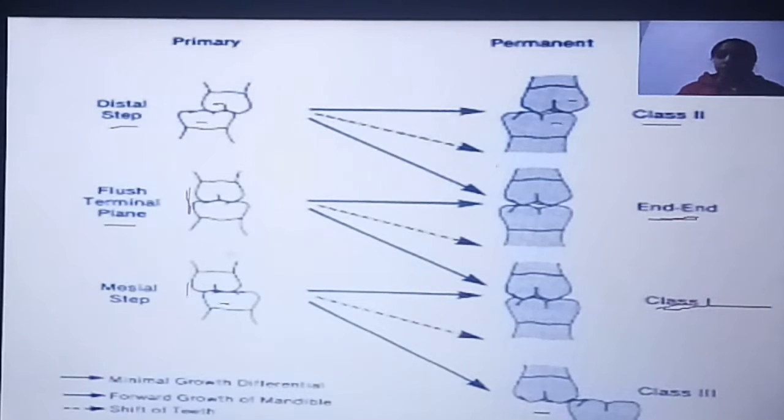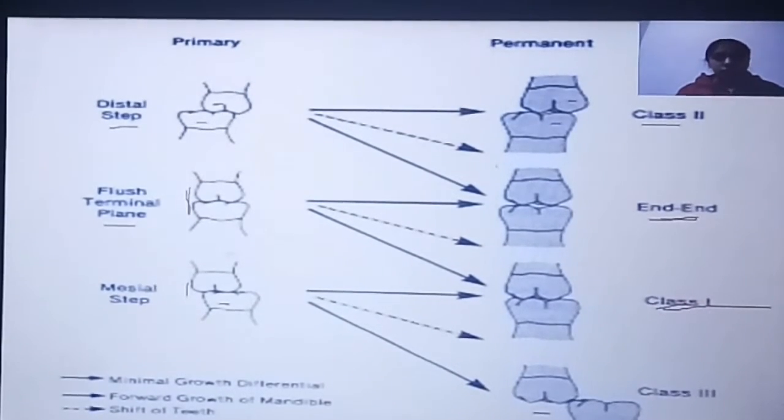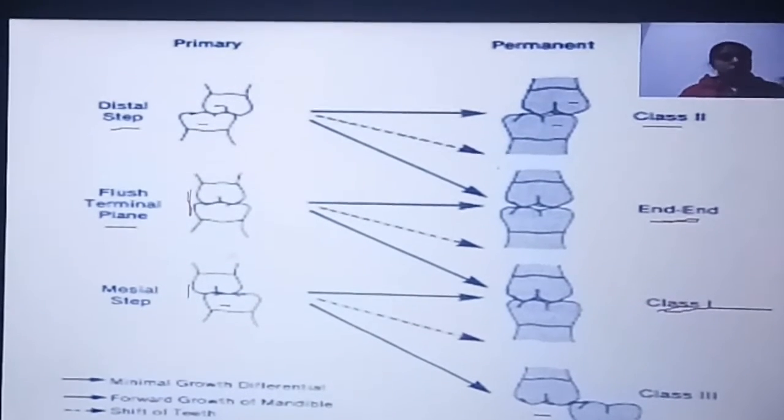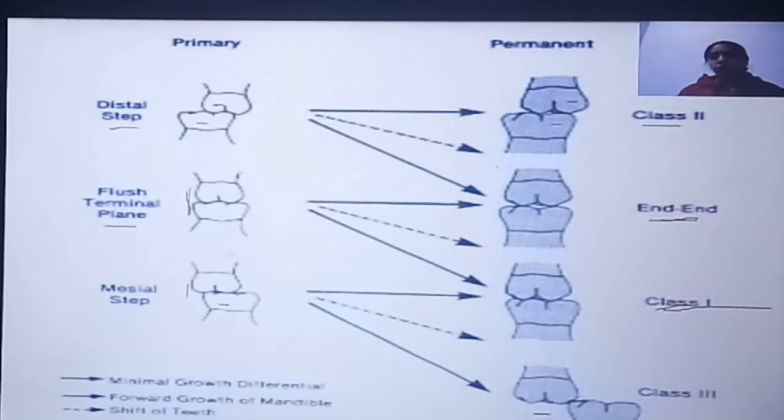So which class the teeth will come into also depends on the growth of the mandible. Distal step is always class 2. Flush terminal plane mostly comes into class 1, and if the growth of the mandible is limited, it will come into end on end. Mesial step with normal growth will come into class 1, and if the growth is very high, then it will come into class 3.